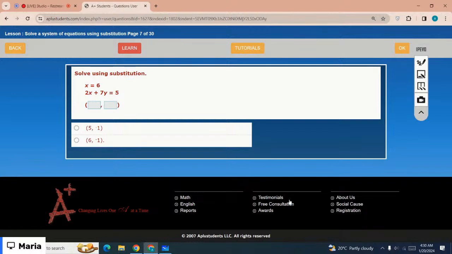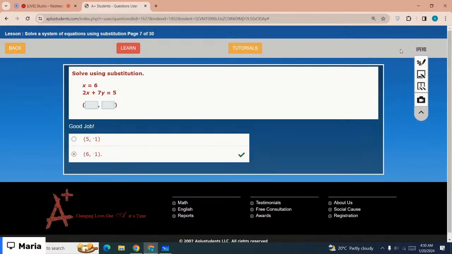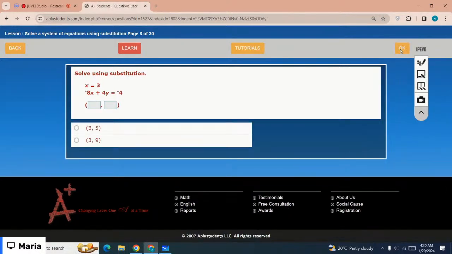The correct option is option number 2, that is 6 and negative 1. Okay, you can complete the lesson by yourself later today. Let's just move on to the next lesson, and that is solving the system of equations by using the elimination method, right? These are the different methods to solve a system of equations.